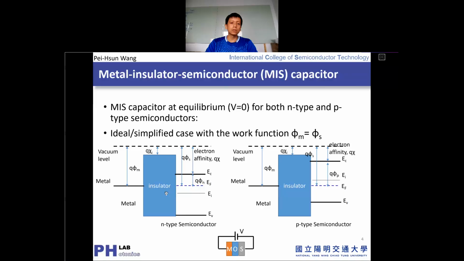You may notice that in the insulator we have an additional electron affinity, indicating that we have a strong barrier. That verifies our previous assumption: without additional voltage, there is a really strong boundary separating the charge between the metal and the semiconductor.